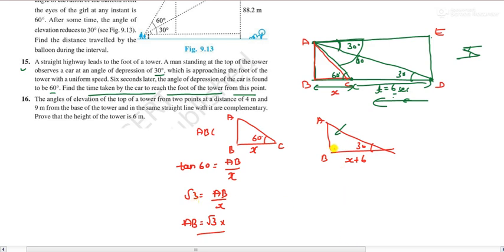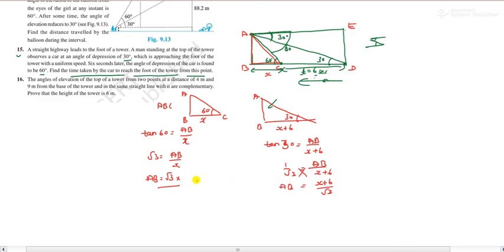This is similar to some of the problems given previously. Now again here tan 30 this time is equal to AB by X plus 6. Tan 30 is 1 by root 3. Therefore 1 by root 3 equals AB by X plus 6. Now do the cross multiplication. You will get AB is equal to X plus 6 by root 3. Understood?